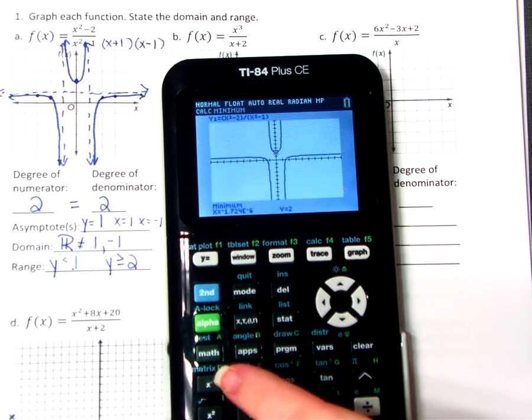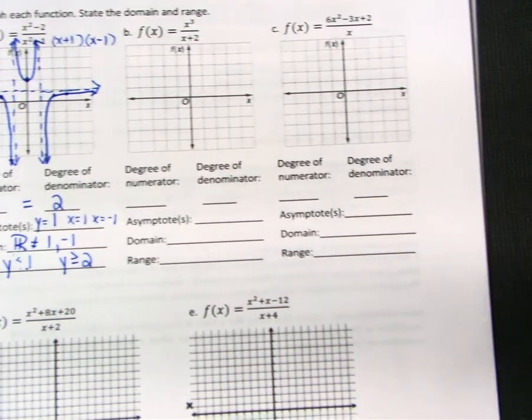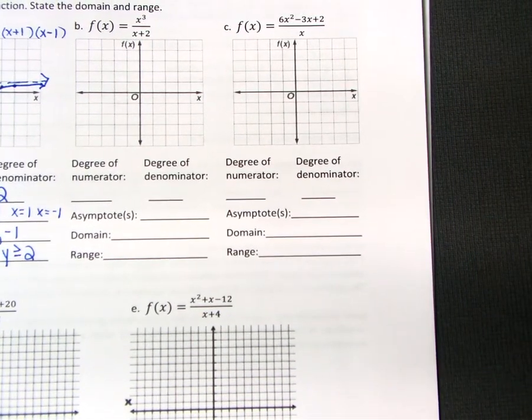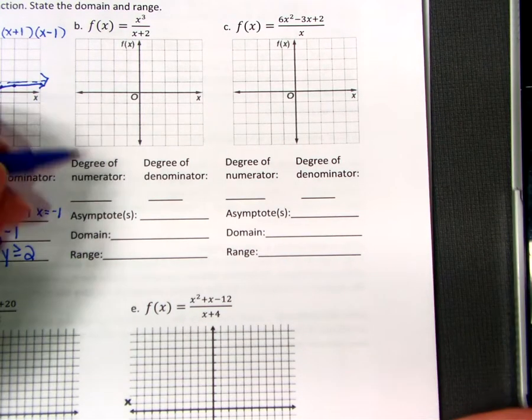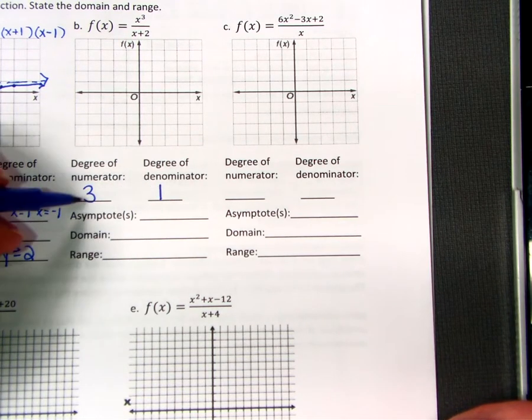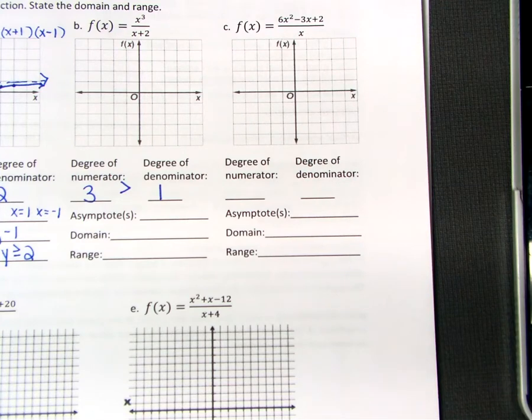Let's take a look at the next one. For the next one, we're going to list our degree of the top, degree of the bottom. The degree of the top is bigger than the degree of the bottom, which indicates that there is no horizontal asymptote. Then we need to identify our vertical asymptotes.